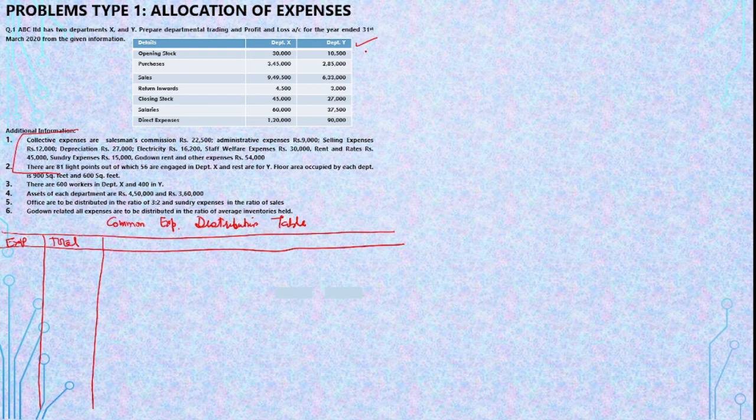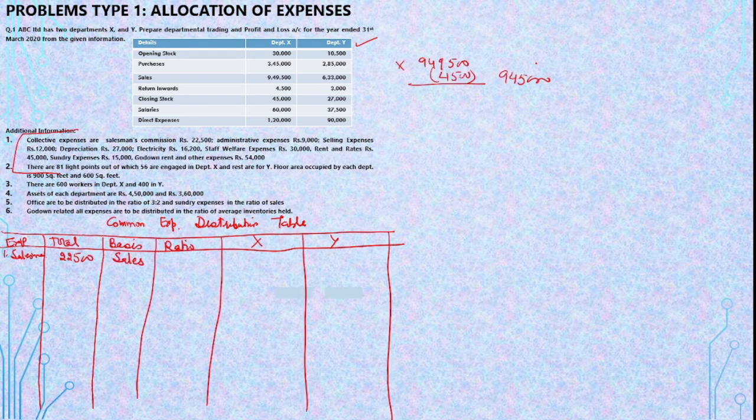It means 9,45,000 is the net sales. For Y department, 6,33,000 less 3,000 of returns, so 630. If you simplify this, the ratio is 3 is to 2. So how will you distribute this? 3 is to 2 implies 3/5 for X, 2/5 for Y. I hope this distribution is known to you. So 22,500 will be given 3/5 to X. So you simplify this.